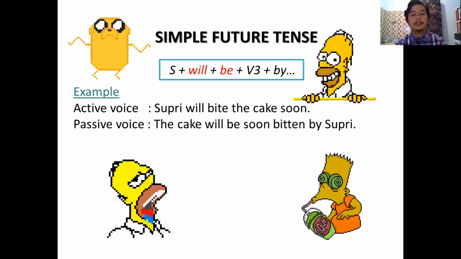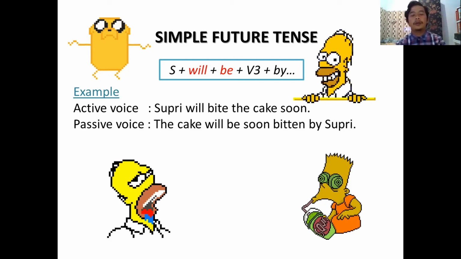Next, simple future tense. Subject plus will plus be plus verb 3 plus by. Okay, and the active voice: Supri will eat the cake soon. The passive voice: the cake will be eaten soon by Supri.